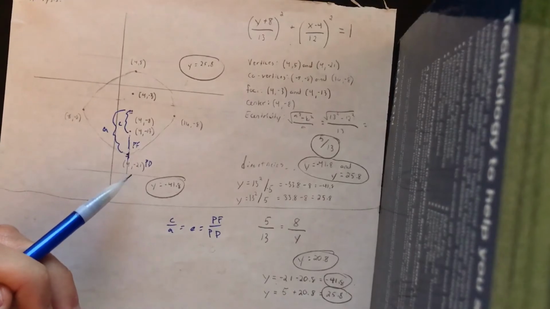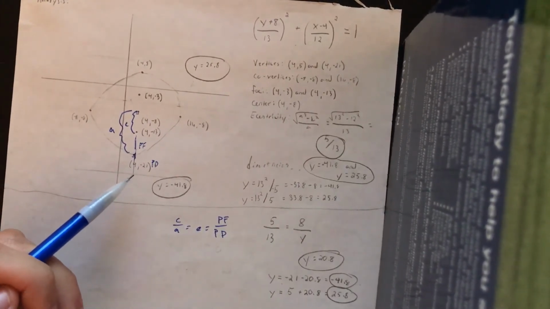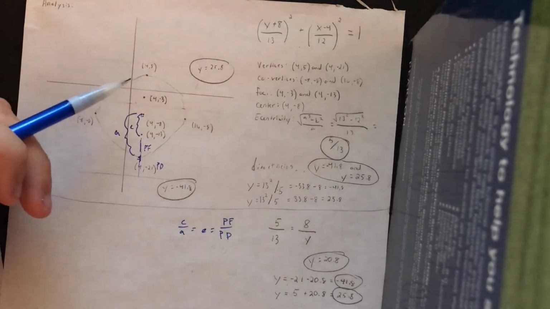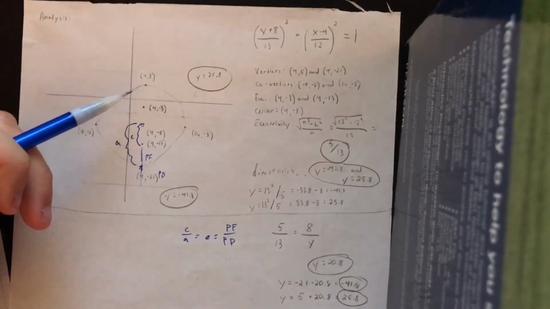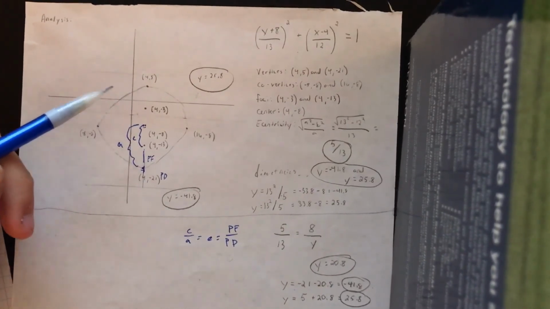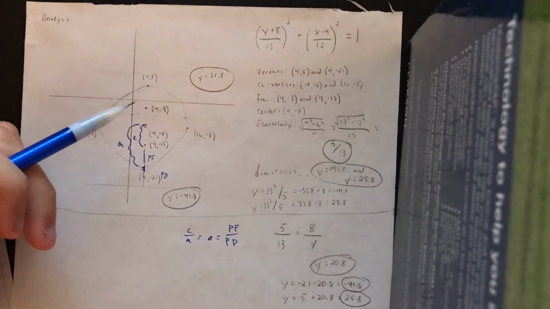I subtracted the 20.8 from the negative 21 for the y value of the vertex to determine that the directrix was at y equals negative 41.8, and then I added the 20.8 to the vertex up here to determine that the next directrix was going to be at y equals 25.8.